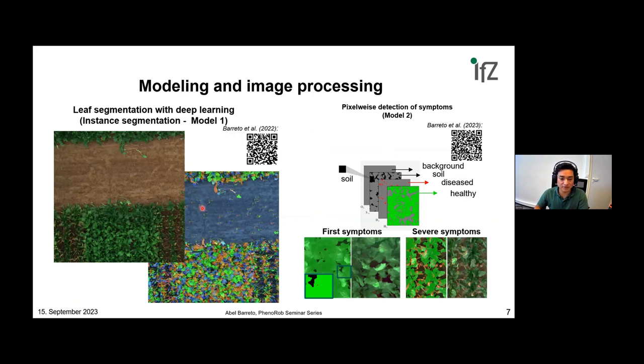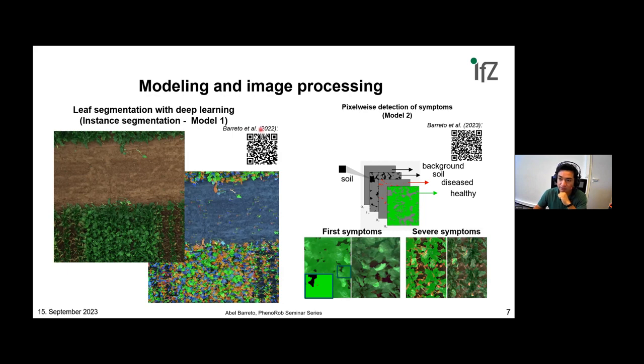During this research, we published 2 models that were crucial. The first model focused on an instance segmentation method, which focuses on the segmentation of the object to quantify the disease.